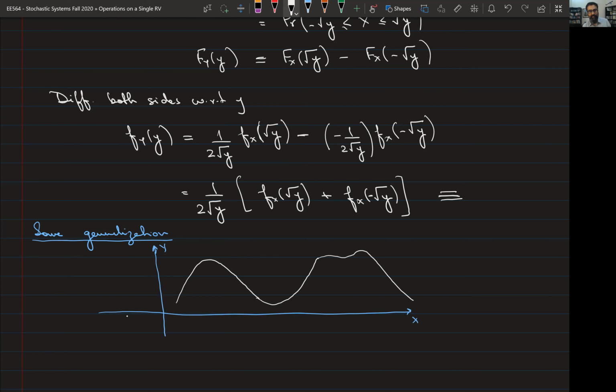Right, some nasty looking function. Okay, and then there's some small y here.